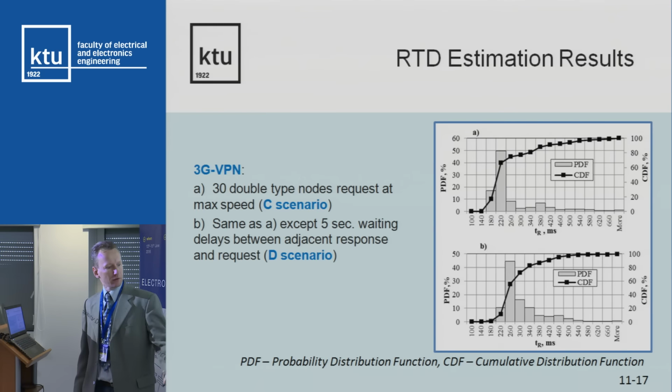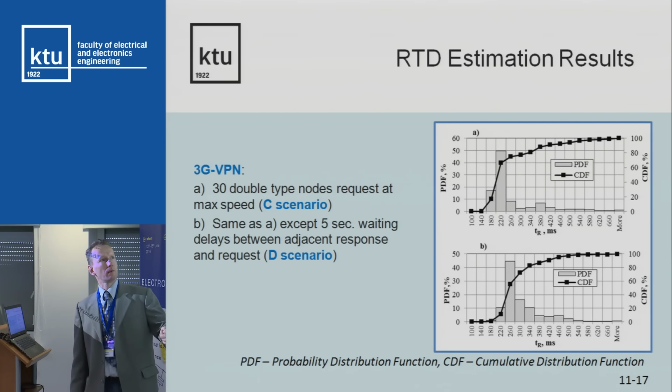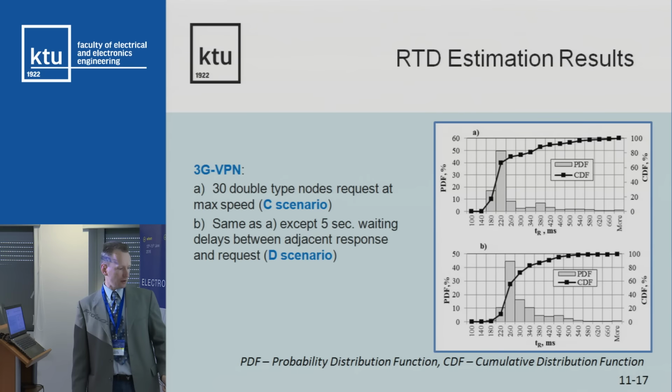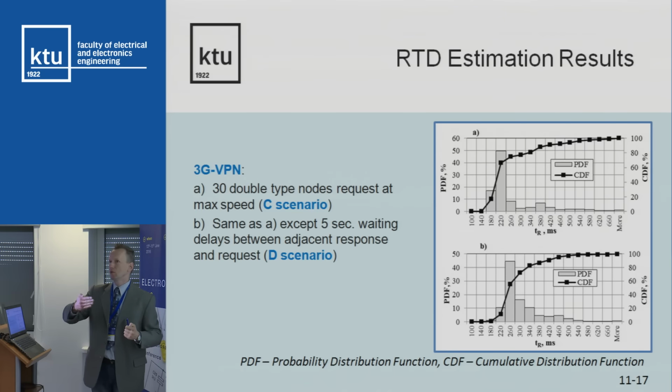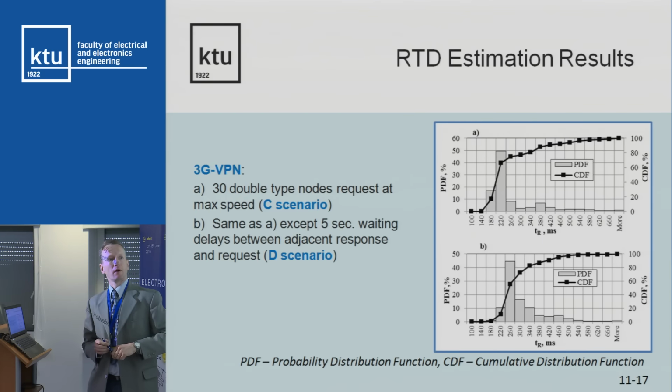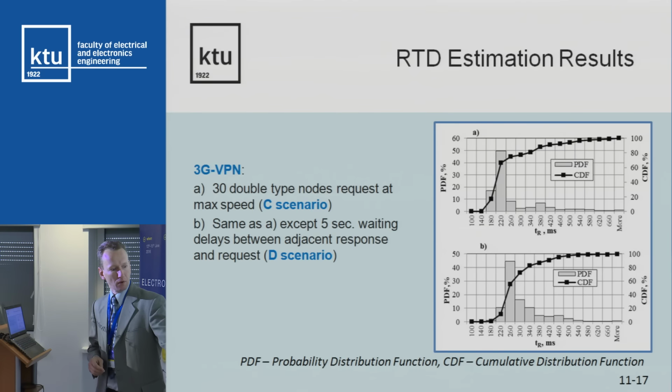In particular, this was 3G and VPN. We see it depends strongly on scenarios, here the C and D scenarios. How much data do we send in one packet, and do we introduce artificial delays like 5 seconds or not? These parameters are reflected in the obtained data. And we see really hundreds of milliseconds in 3G.